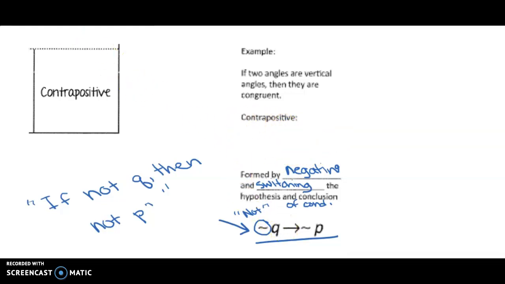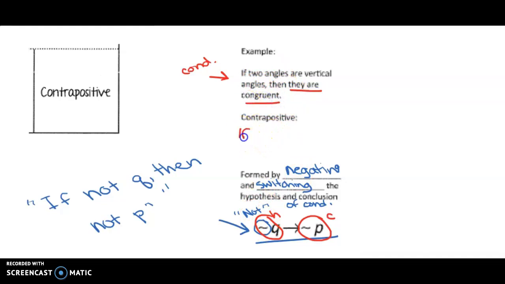So the hypothesis is the not Q, the whole thing, and the not P is the conclusion. So if my conditional statement is, if two angles are vertical angles, then they are congruent, my contrapositive would be, all right, I want not Q, so not the hypothesis.